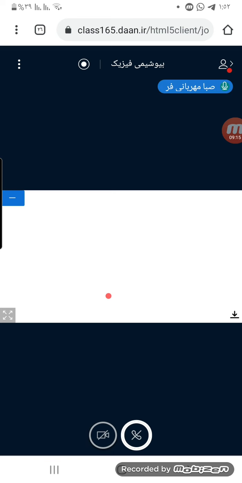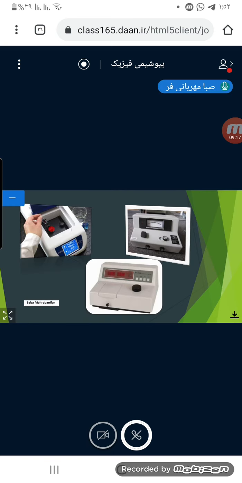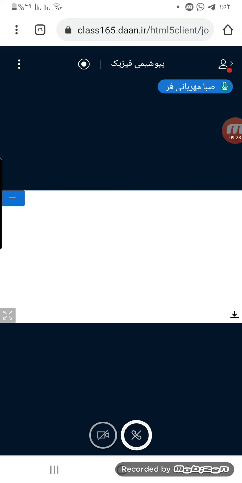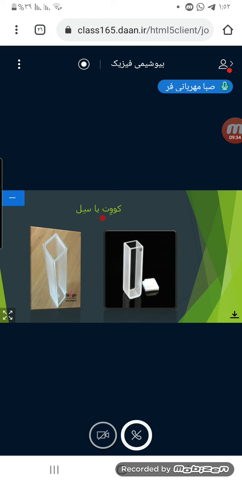This is a spectrophotometer. Here is the room that we put the sample in. Here is a special part for the sample, and we usually put the sample in this. We call it a cuvette or cell.